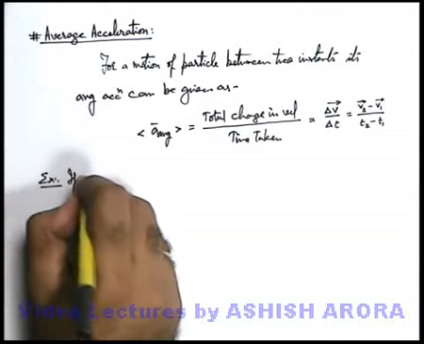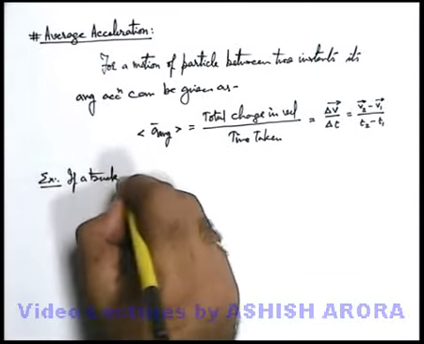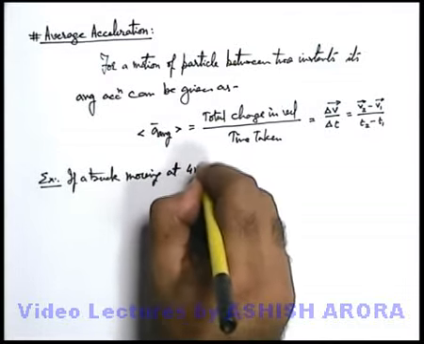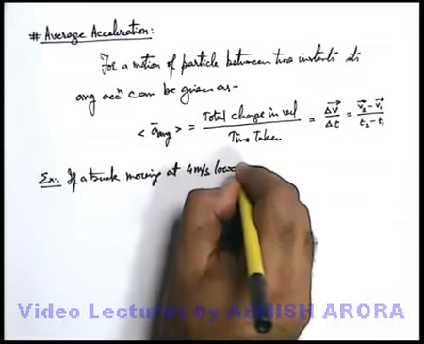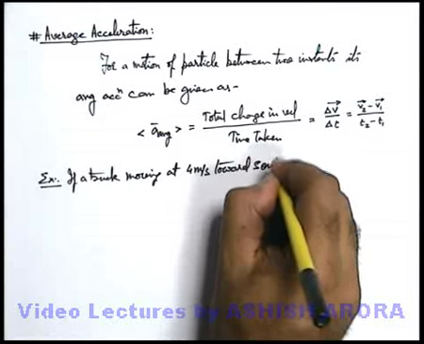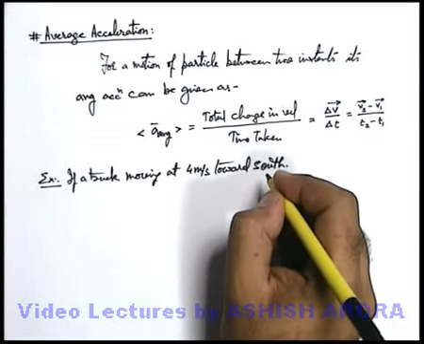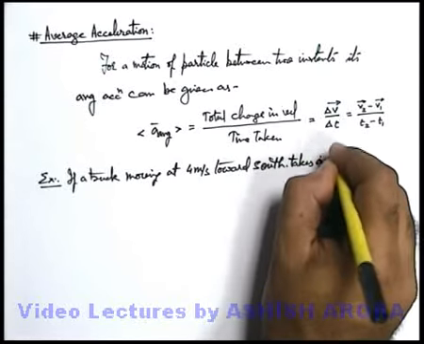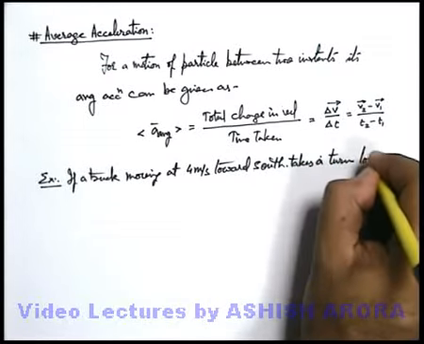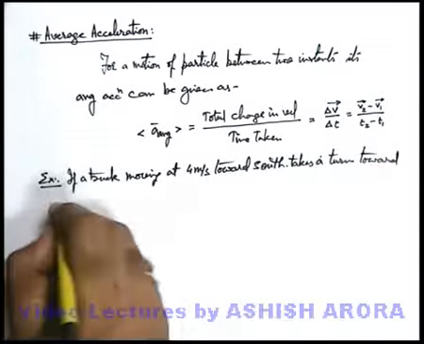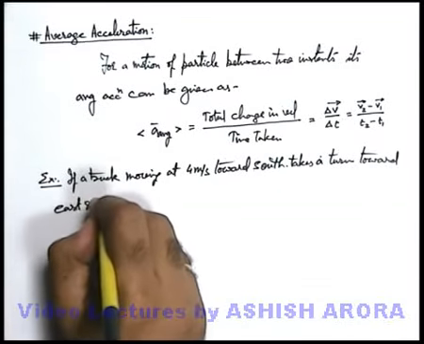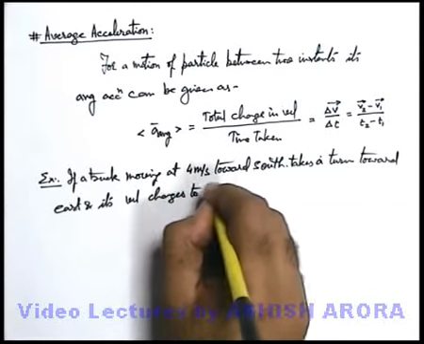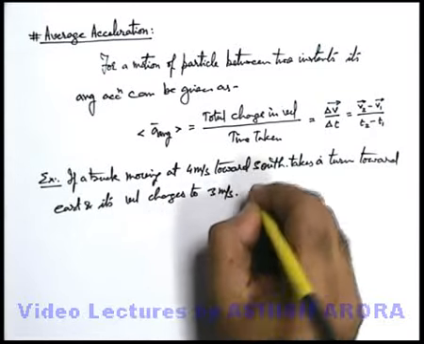Say, if a truck moving at 4 meters per second toward south, a truck is moving in south direction at a speed 4 meters per second, takes a turn toward east, and say its velocity changes to 3 meters per second.